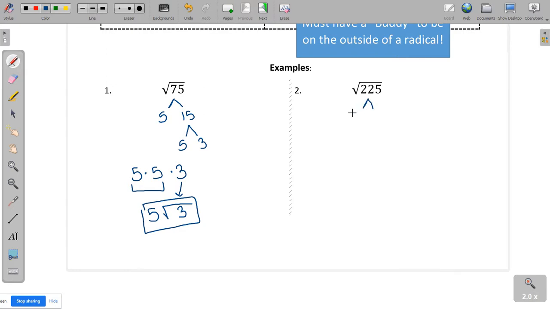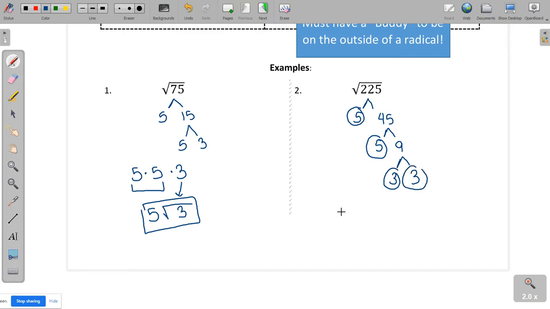We start small. 2 does not go into it. 5 goes into it. 5 goes into 225 45 times. 5 is prime, so then we go and break open 45. 45 can be divided by 5 9 times. 5 is prime, so we can circle them and then break open our 9. 3 goes into 9 3 times, and 3 are prime numbers, so we circle them.